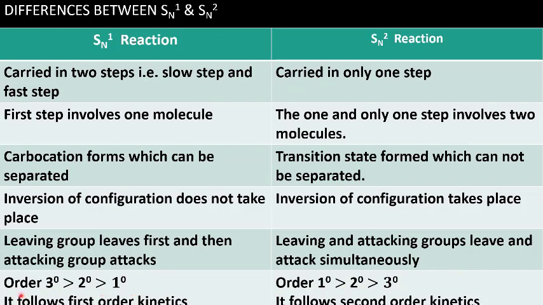In SN1, the order of reactivity of alkyl halides follows tertiary greater than secondary greater than primary, and it follows first order kinetics. In SN2, the reactivity of alkyl halides follows the order primary alkyl halide greater than secondary greater than tertiary, whereas it follows second order kinetics.